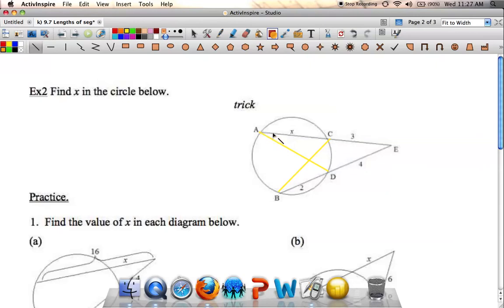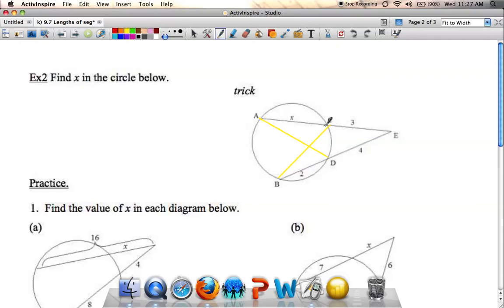Well, angle A is inscribed and it intercepts arc CD. Angle B is inscribed and it intercepts arc CD. Therefore, angle A is congruent to angle B. We also have angle E is congruent to itself by reflexive. So we have this top triangle, AED, similar to triangle CBE.